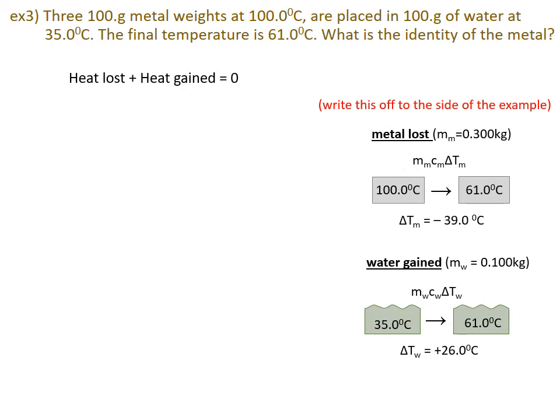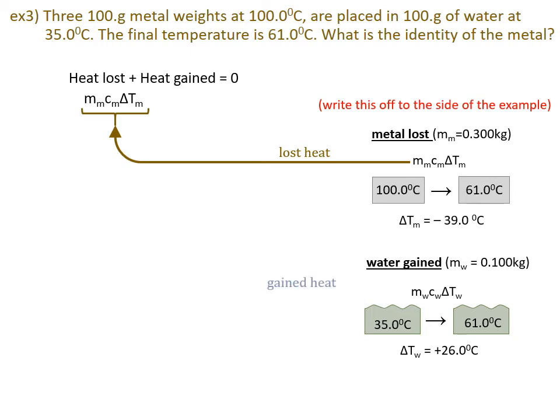So who lost heat? Well, that was the metal, and the amount that it lost was mmcm delta Tm. And who gained heat? It was the water, and the amount of heat the water gained is equal to mwcw delta Tw. And of course, that has to add up to 0.